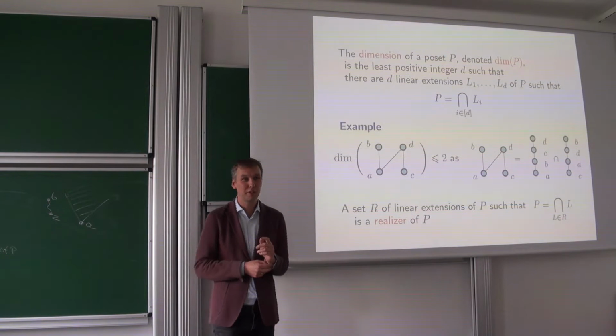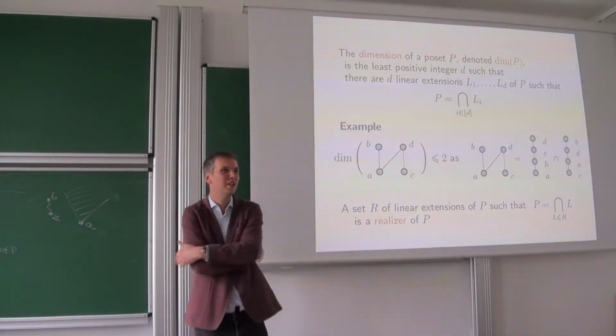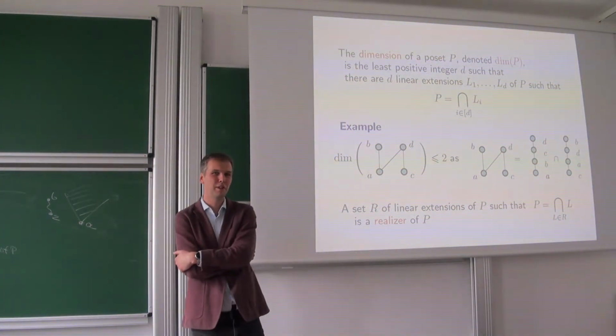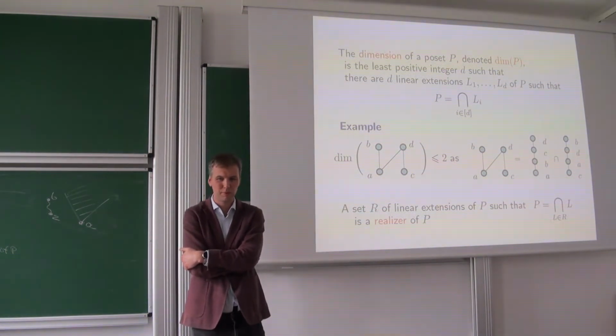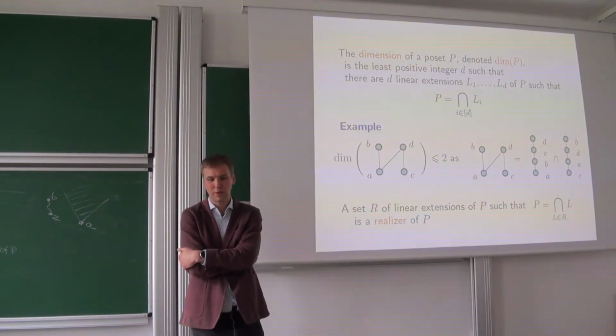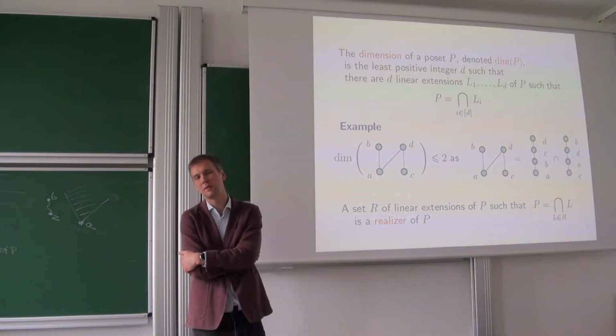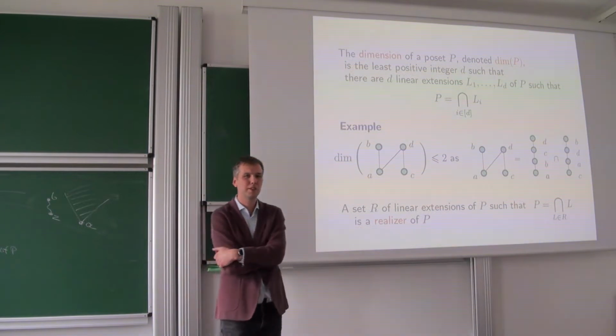Well, definitely if it's a chain, then there is only one way. But if you have an incomparable pair, when is a realizer unique? It depends on the poset. That's maybe a good exercise.